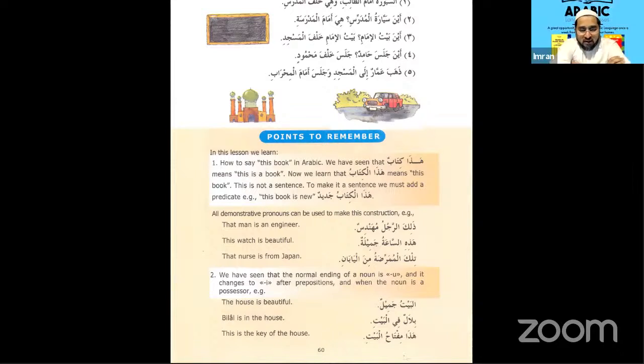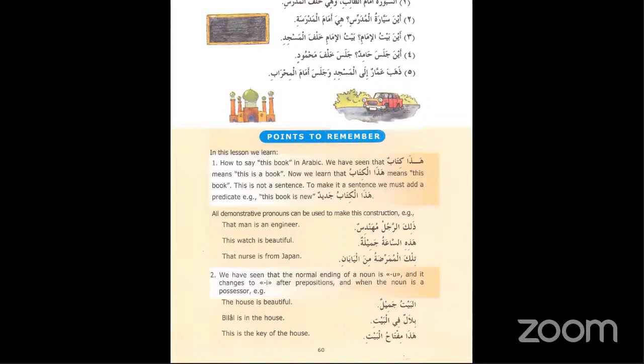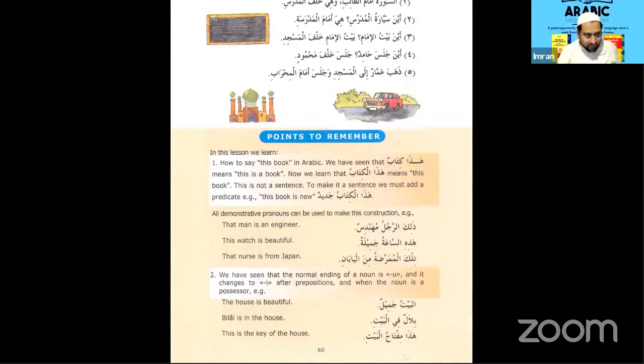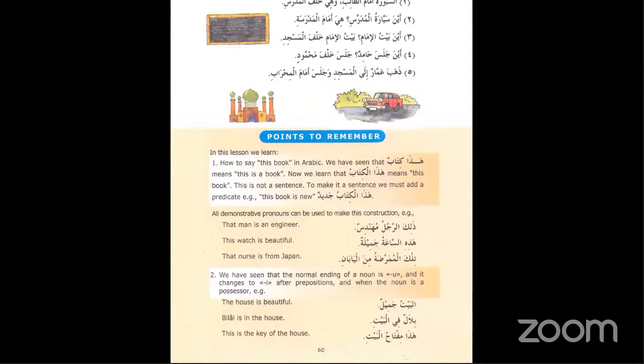That's what I was trying to explain about dhalika and hadha. Go ahead, Zainab. In the first example, dhalika rajulu is the predicate, al-muhandisu is the khabar. No, dhalika rajulu is the subject and muhandisun is the predicate.